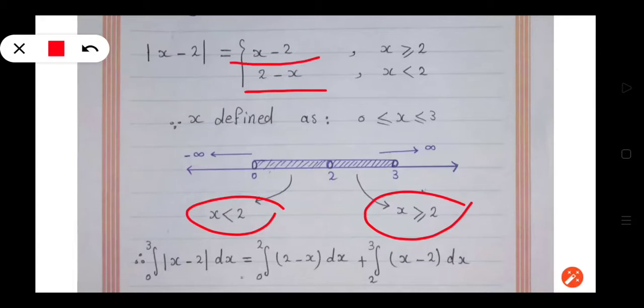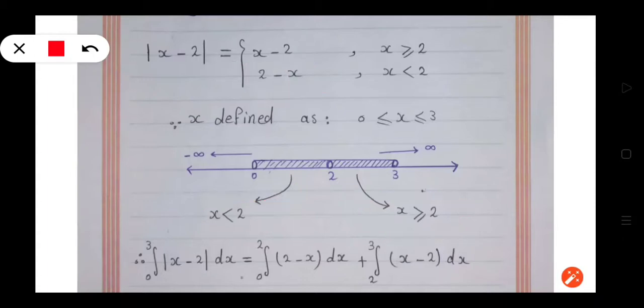So we use limits from 2 to 3 for the function x minus 2. We add the first integration and the second integration. We have the total bounded integration from 0 to 3.